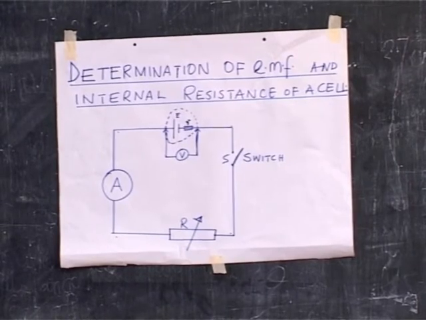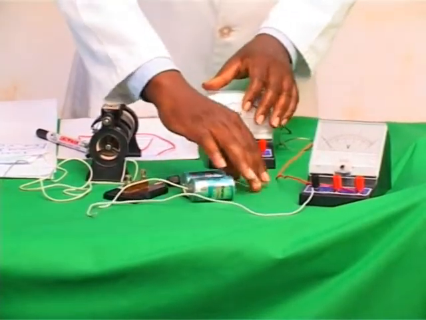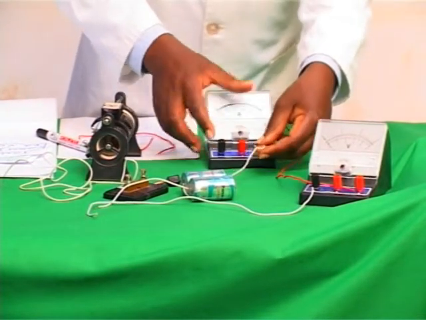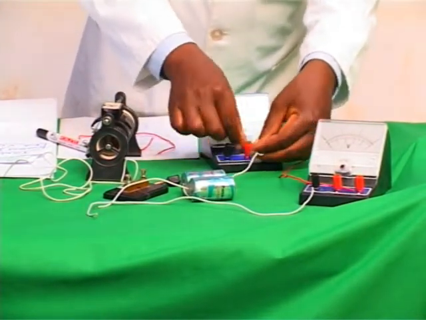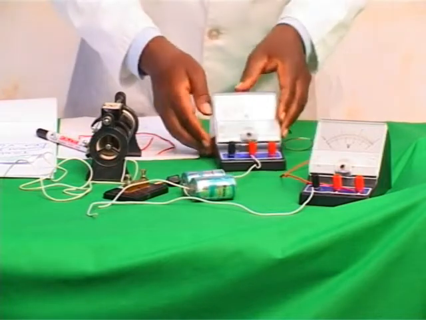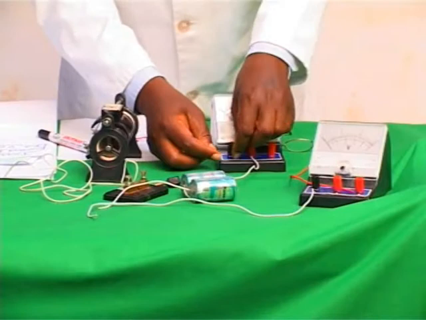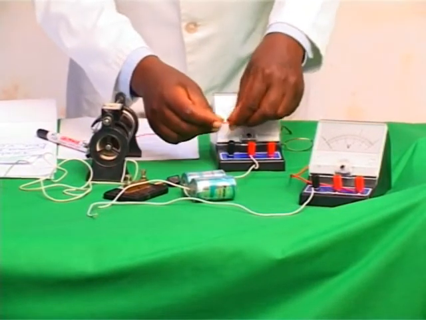Connect as follows. The positive terminal of the cell will be connected to the positive terminal of an ammeter, and from the negative terminal of the ammeter we connect to the rheostat.